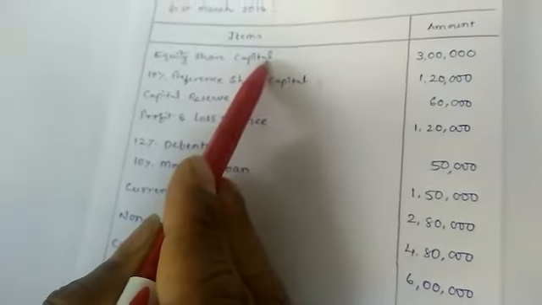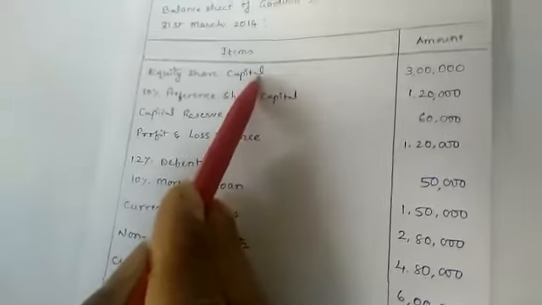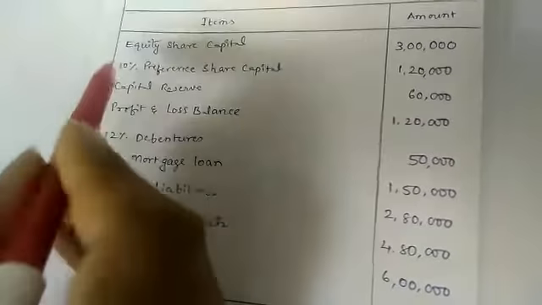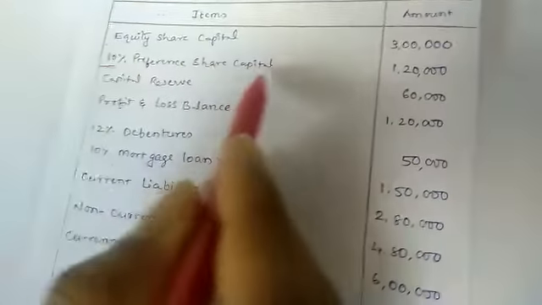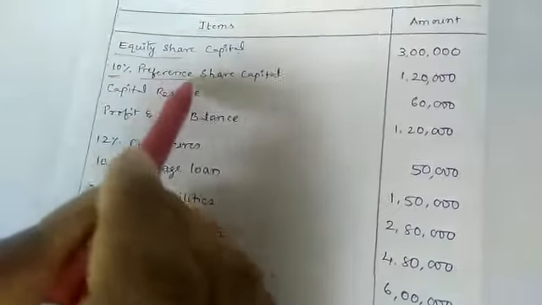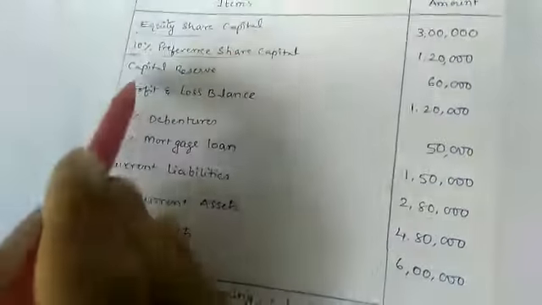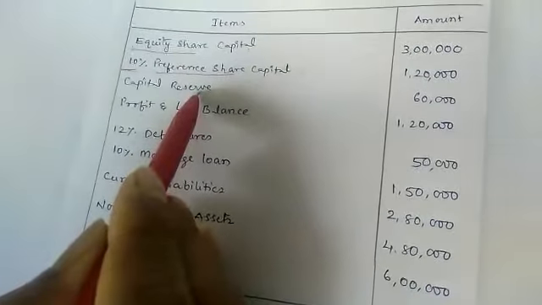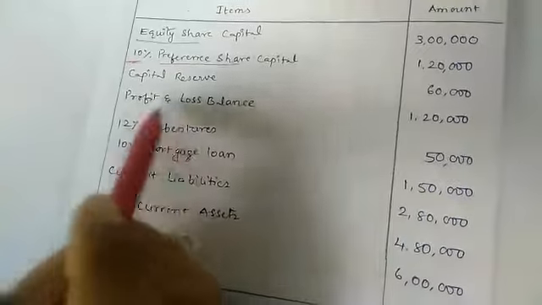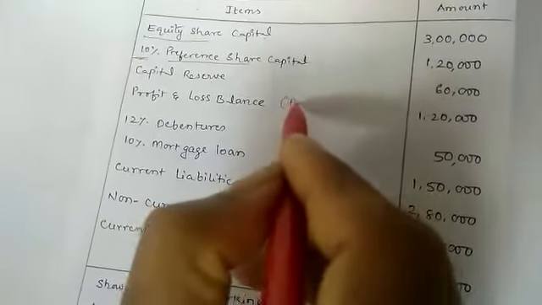Now share capital is of two types. One is the equity share capital and another one is the preference share capital. So in this problem 10% preference share capital is also there. Next, capital reserve, and profit and loss balance, which is nothing but profit.